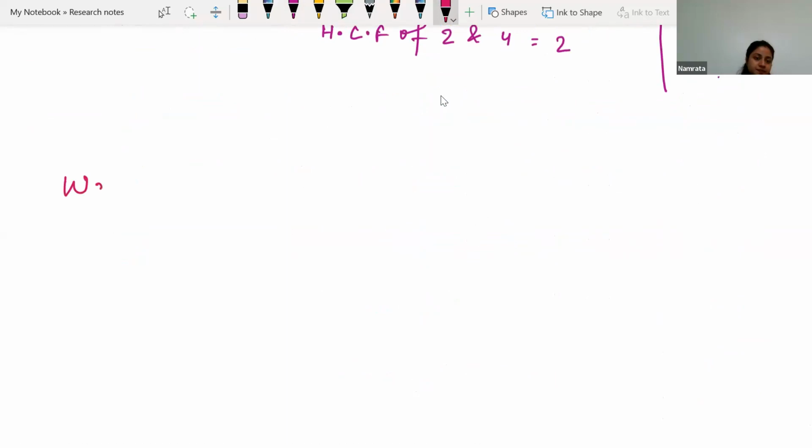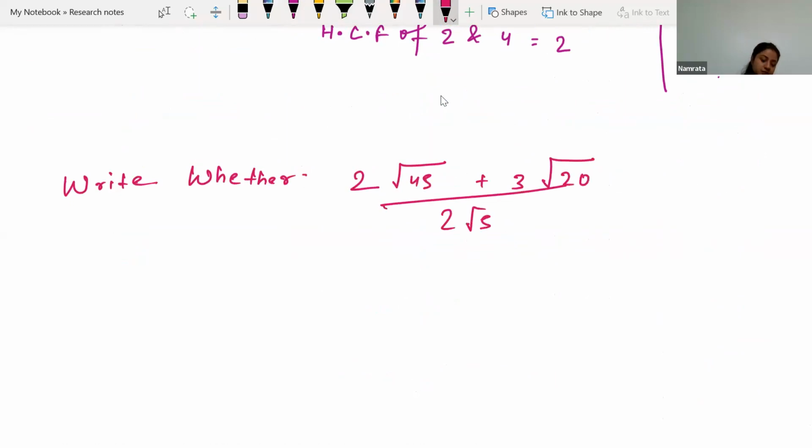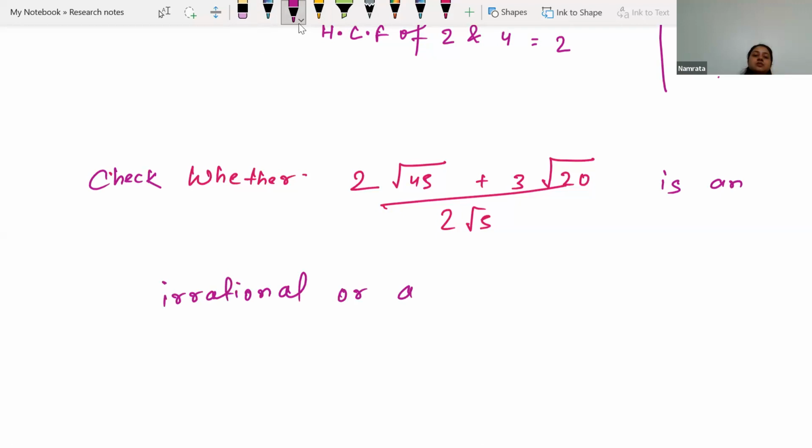Check whether 2 root 45 plus 3 root 20 by 2 root 5 is an irrational or a rational number.